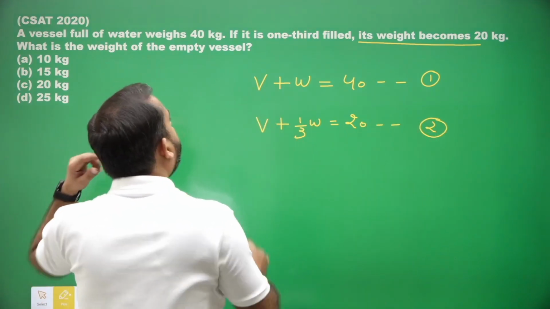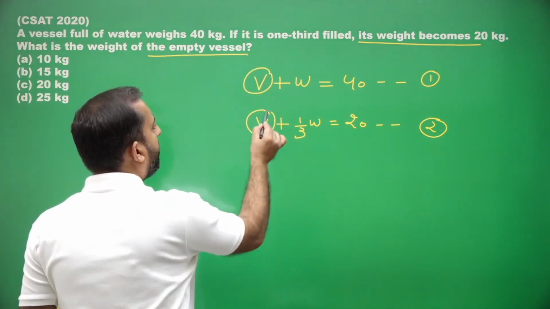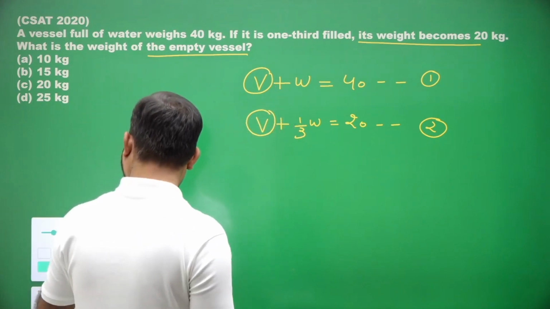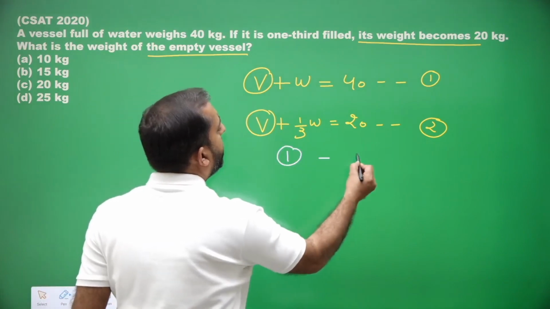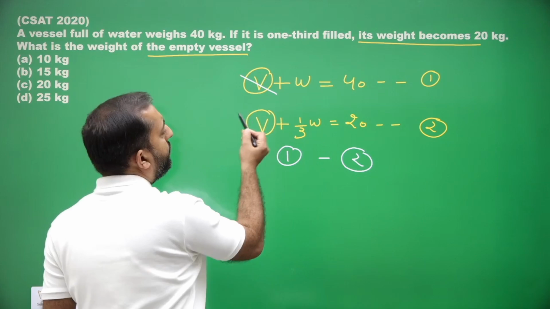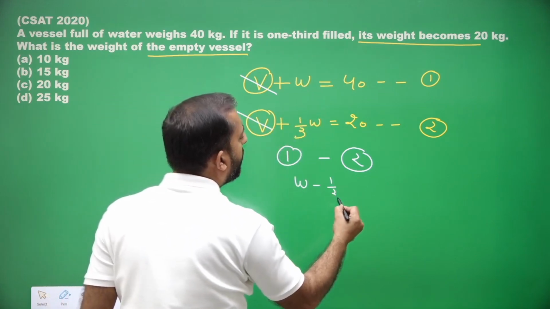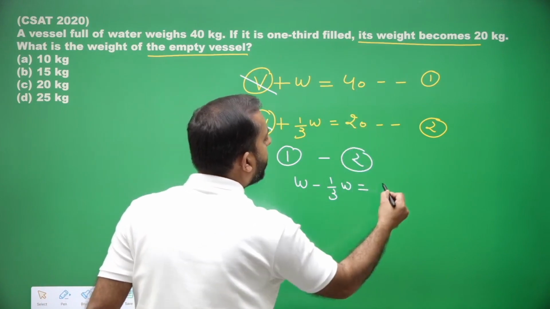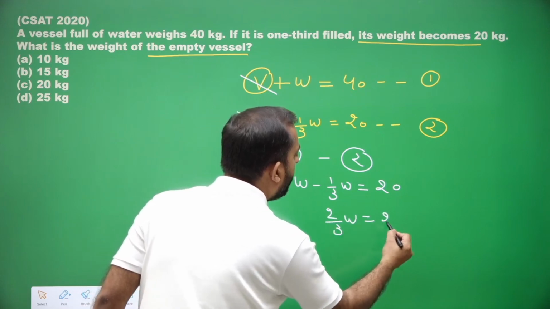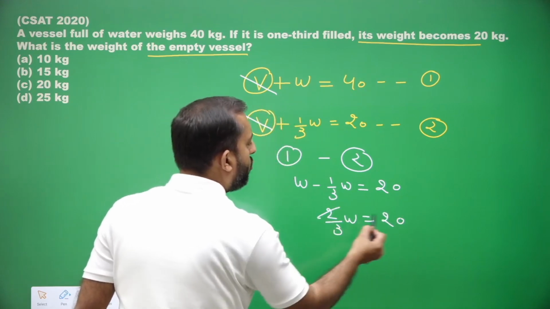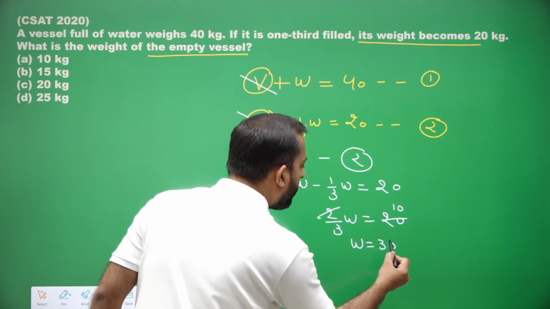What is the weight of the empty vessel? So we have assumed the weight of the empty vessel to be V. Let's solve these two equations. Now from equation 1, if we subtract equation 2, this V and V will get cancelled out. W minus 1/3W is equal to 40 minus 20, that is 20, which comes out to be 2/3W is equal to 20, and 2 cancels out with this 20, so W comes out to be 30.